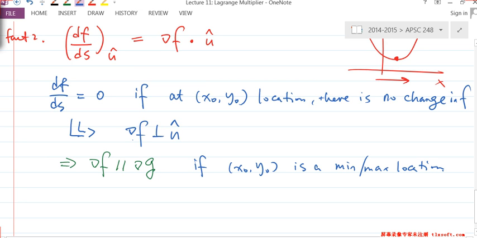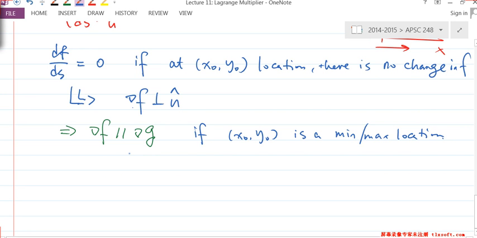Now, this is not a very generic mathematical expression. So when you see two vectors are parallel to each other, mathematically, what would be a better way to express this? Scale difference.